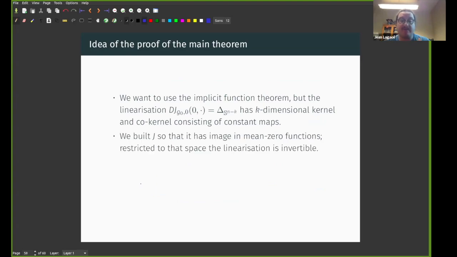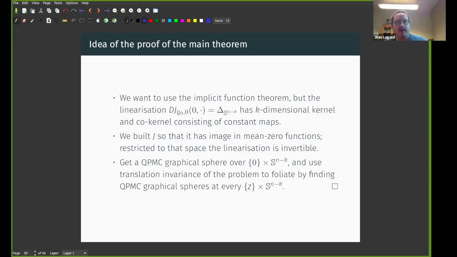We specifically build J so that it has image in the mean zero functions, and restricted to that space the linearization is invertible. By inverting this linearization, this gives me a quasi-parallel mean curvature graphical sphere over 0.